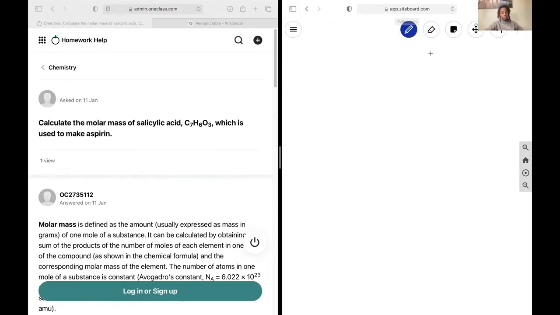Next up, we'd like to calculate the molar mass of salicylic acid that's used to make aspirin. And so the molar mass is a molar unit. The reason why you'll see names like molar mass and molar volume is you want to get them into a form that isn't dependent on the amount of matter in the system.